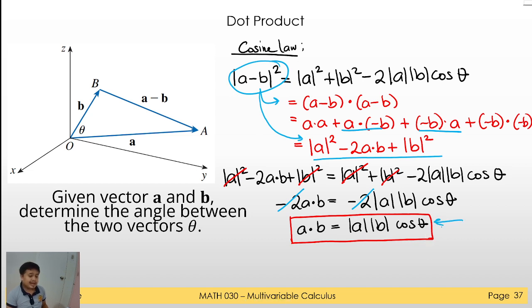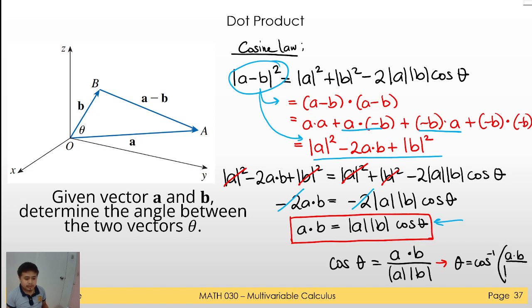We can also find the angle theta using this relationship. We could rewrite this equation as cosine theta is equal to a dot b over the length of a times the length of b. To find theta, we just take the inverse cosine of a dot b over the length of a times the length of b.